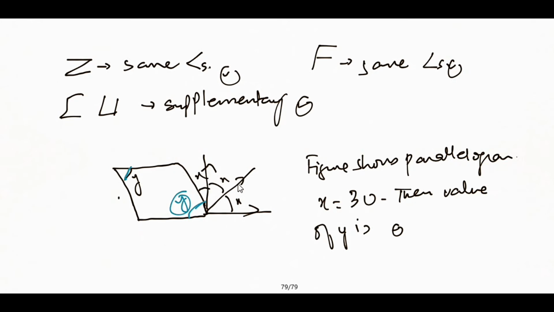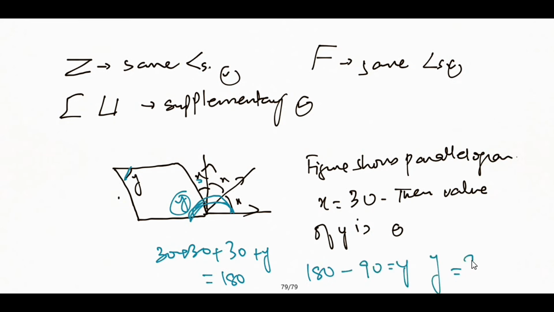So if x is 30 over here, so it would be 30, 30. 30 plus y, since it's making an angle at a point, is equals to 180 degrees. 180 minus 90 is equals to y. So y is equivalent to 90. So it's more likely that it's a square if the angles are like this.